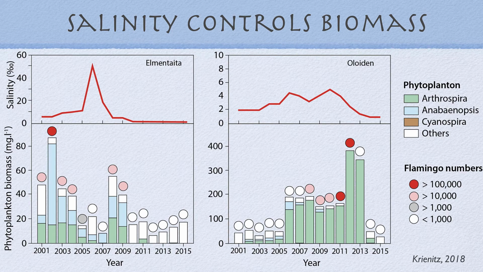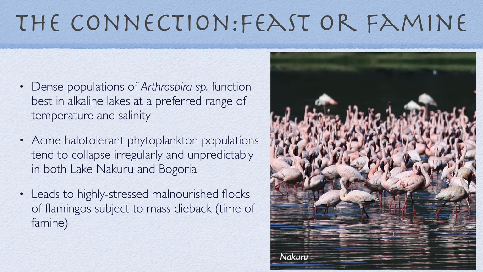So we can see that there's a definite connection between conditions of feast or famine. In the African Rift Valley lake systems, when we have dense populations of Arthrospira fusiformis living at their preferred range of temperature and salinity and alkalinity, there is an abundant food source for the flamingo population.